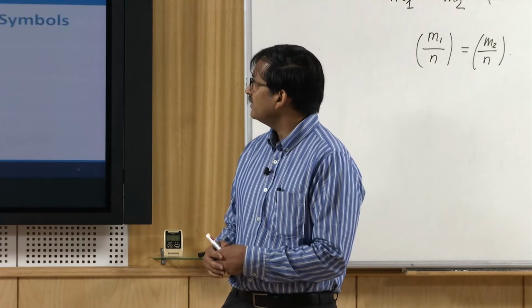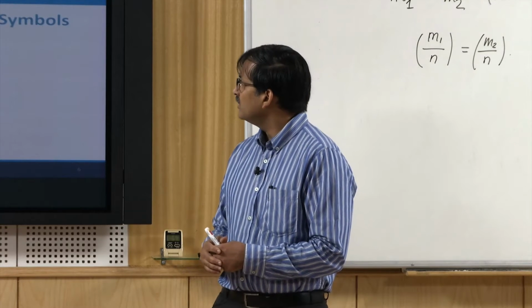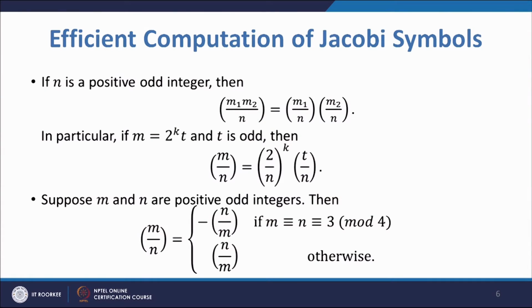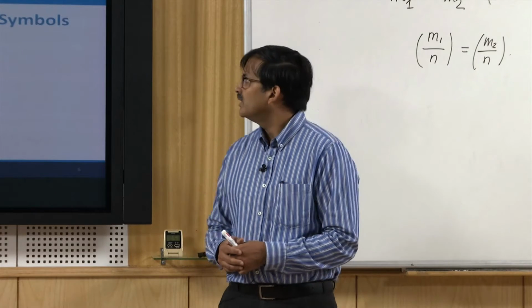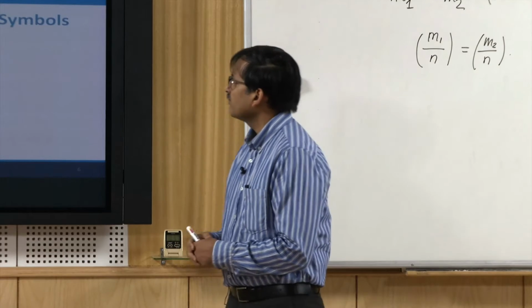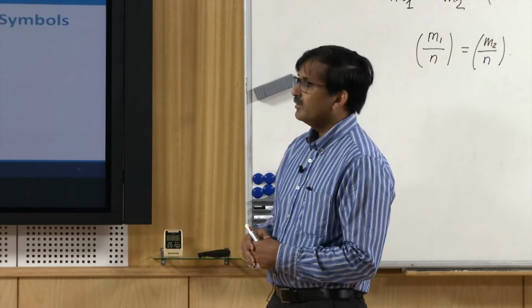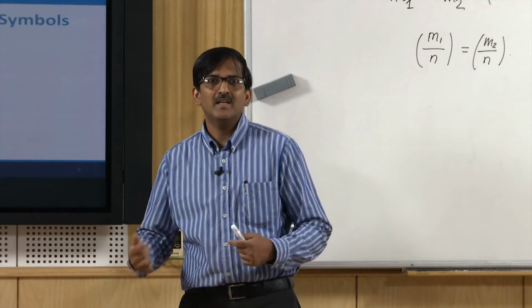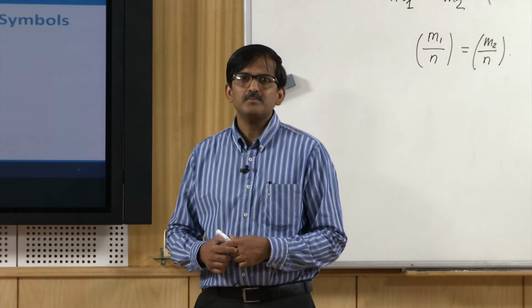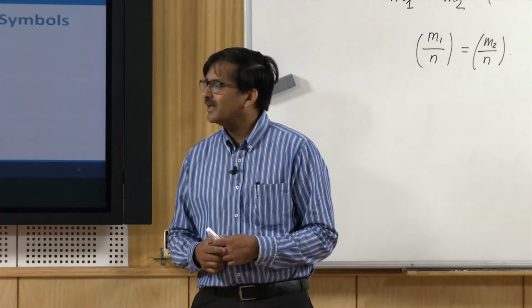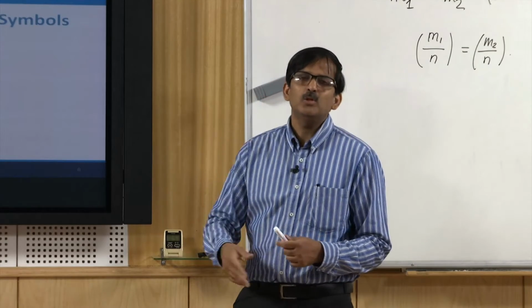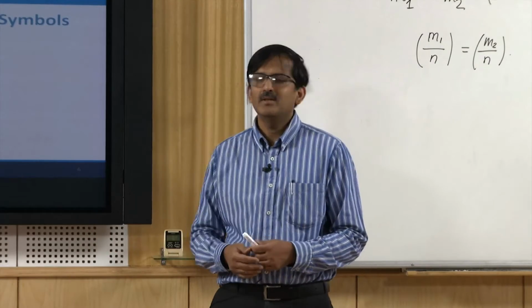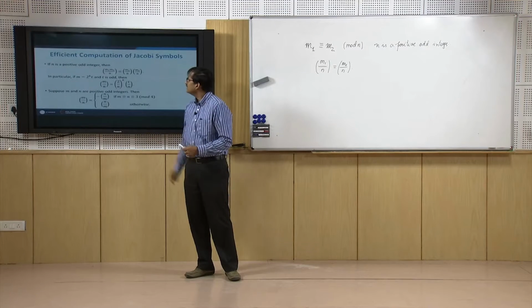So we see that the Jacobi symbol of m1 into m2 modulo n is the product of the individual Jacobi symbol values mod n of m1 and m2. This is very interesting, and we can apply this over and over again when m is 2 to the power k into t, and get this.